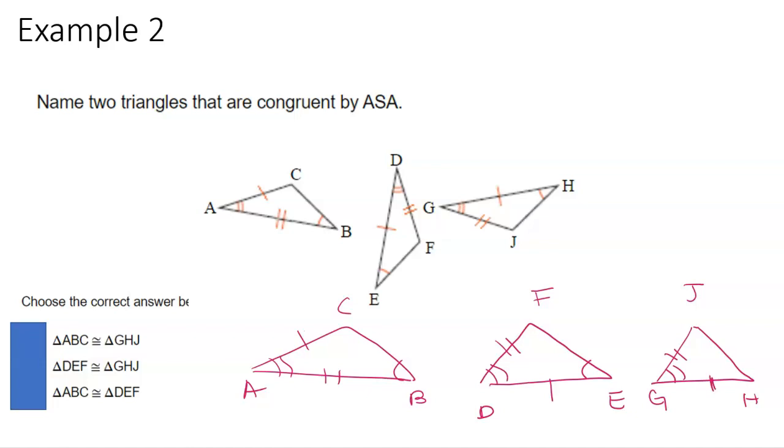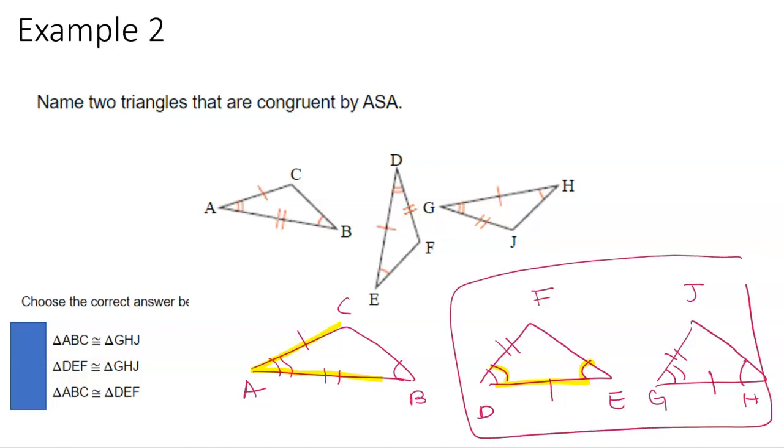Okay, so when I look at these, they're clearly giving me side, angle, side. Or I could think about it as they're giving me angle, side, angle. Either way, let's look for what's congruent. And I see here GH is 1. I can prove that these are the same by angle, side, angle, or I could prove that they are the same by side, angle, side. So I can say that DEF is congruent right there. And when we come back, we'll look at some more examples.